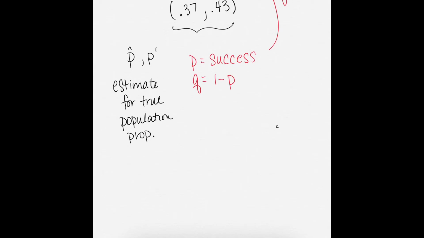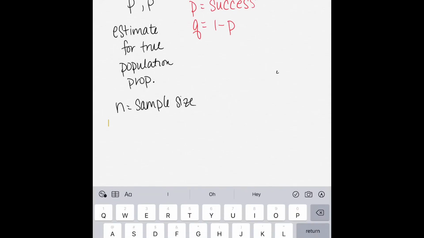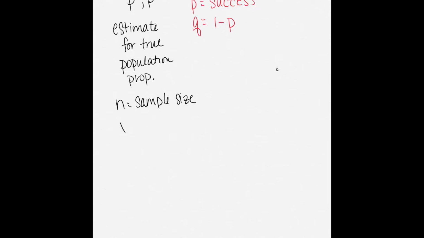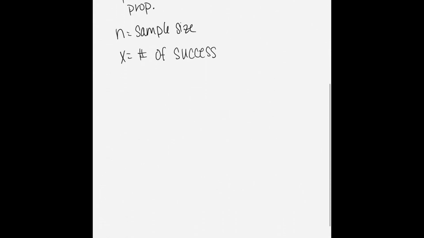N is still our sample size as before. p is the success. x is the number of successes, so not the proportion, but the actual number. And I think that's all we need.